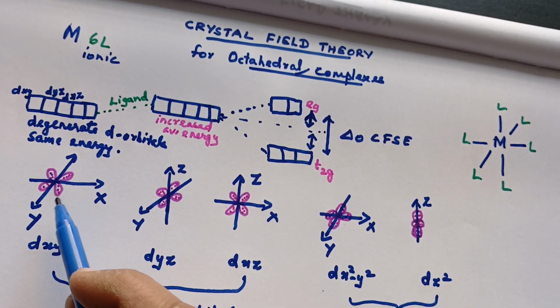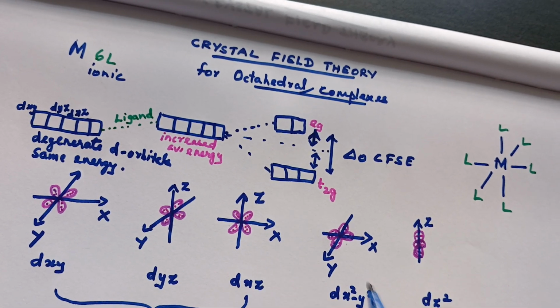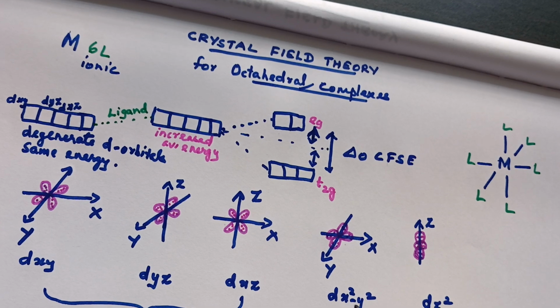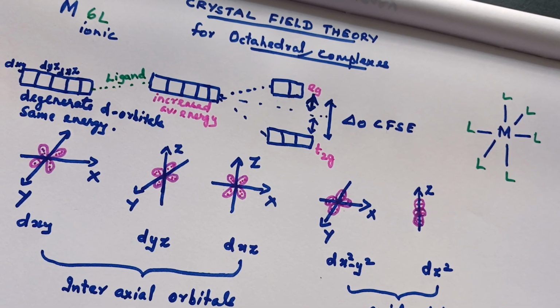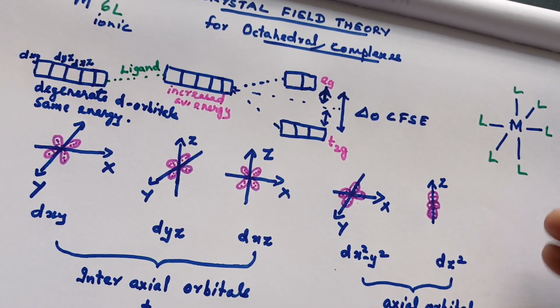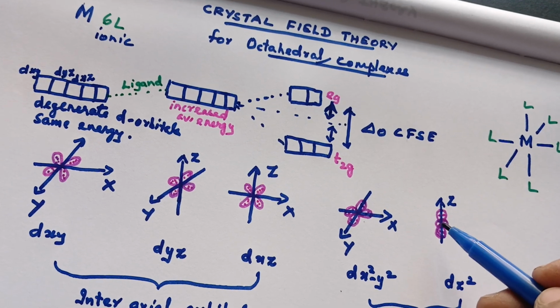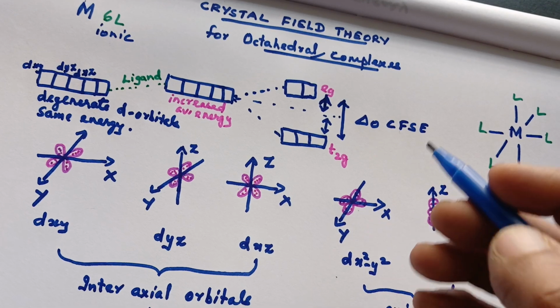In those cases, the lobes are lying between the axes. Whereas dx square minus y square and dz square are axial orbitals, that is, they are lying along the axis. So when the ligand approaches along the axis, there is an increase in energy.